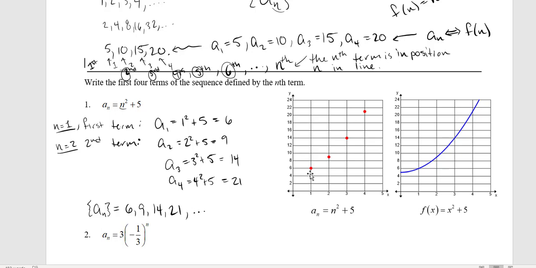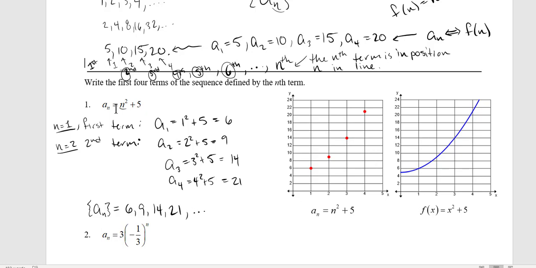When n equals 1, we plot a height of 6 because that's the value in position 1. In position 2, we have a value of 9, so we plot a point at height of 9. At n equals 3, the third position, we have 14, so 3 goes with 14, and so on. So we get this discrete set of points here instead of a curve that a regular function would give us.